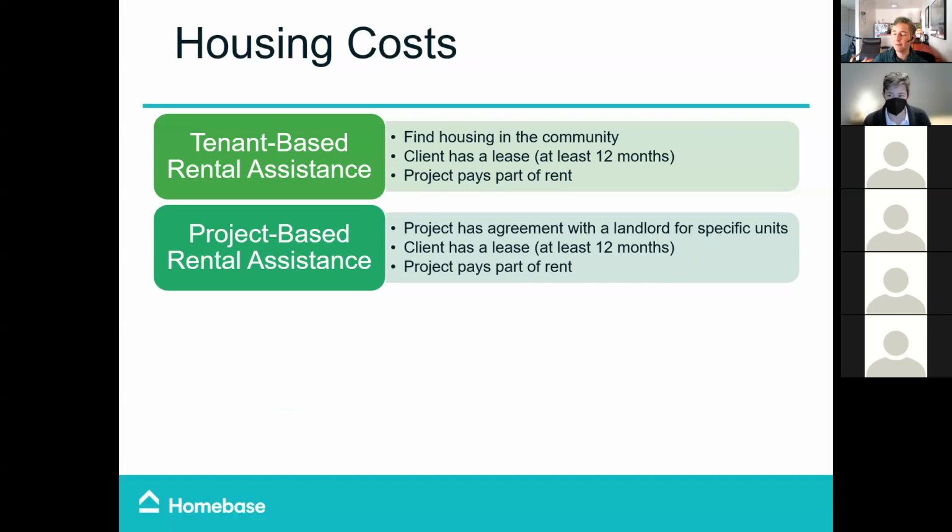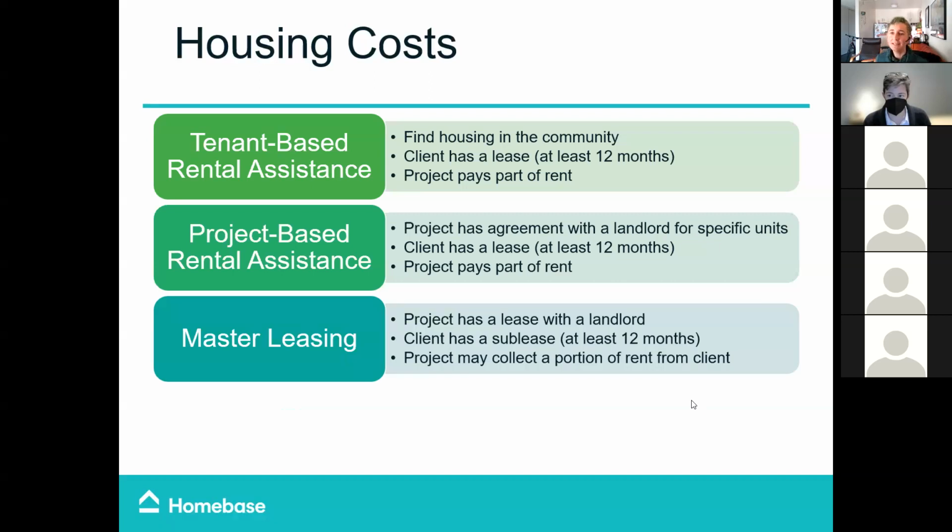So basically the project is using their rental assistance to pay the rent on a specific unit. The client is subleasing from the project, and again, the amount of rent that the client is paying versus the project is set for PSH by that 30% of adjusted gross income.